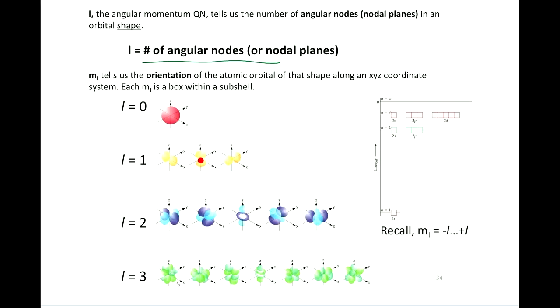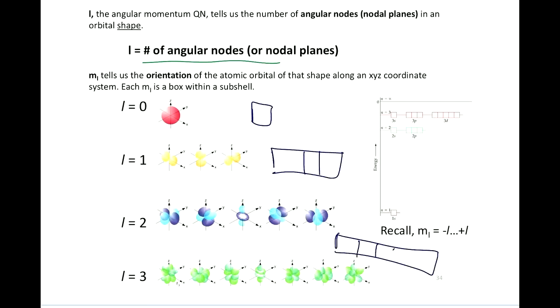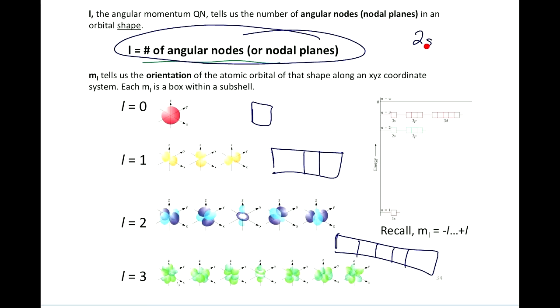And then the number of different shapes within each of these subshells comes from the possible ML values that we can have. So S orbitals have 1 box, P orbitals have 3 boxes, D orbitals have 5 boxes because there's 5 different possible shapes. But what I want you to get here is that depending on what orbital you're in, if I'm talking about a 2s orbital, S means that L equals 0.